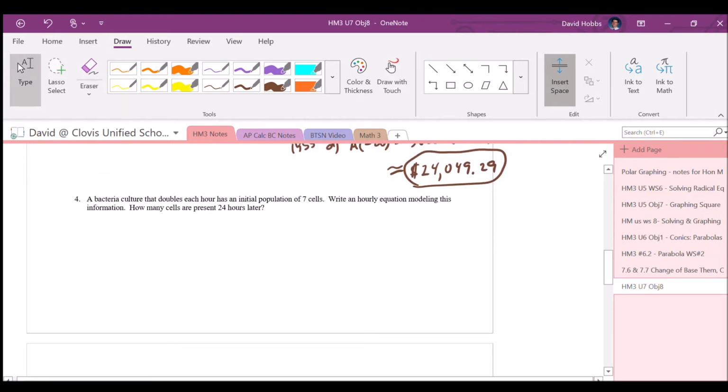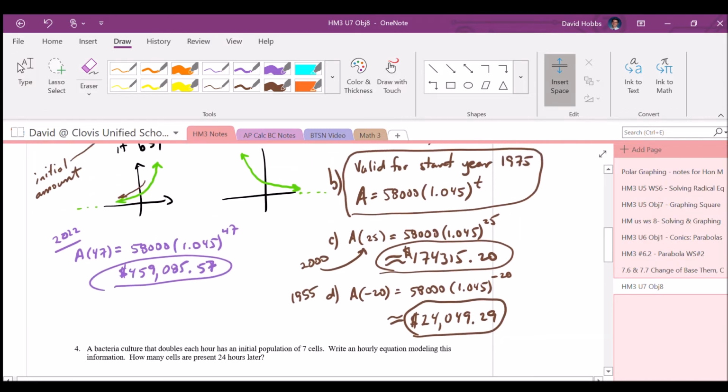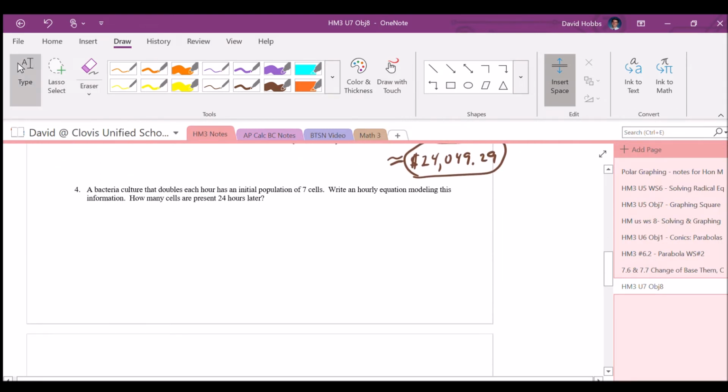Now 1, 2, 3, and 4. 2 and 3 are very, very similar to what we just did for number 1, and so you can go ahead and do that. Number 4 is also kind of similar. So we've got A equals A sub 0 times B to the T. Calculating my function here, initial population of 7 cells, so A sub 0 is 7.